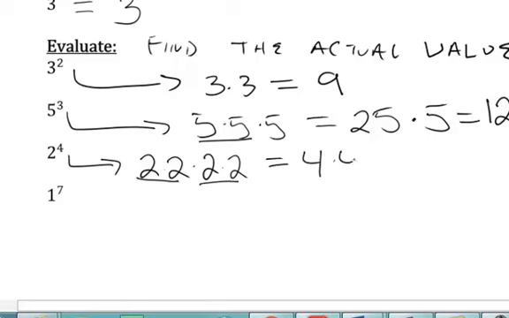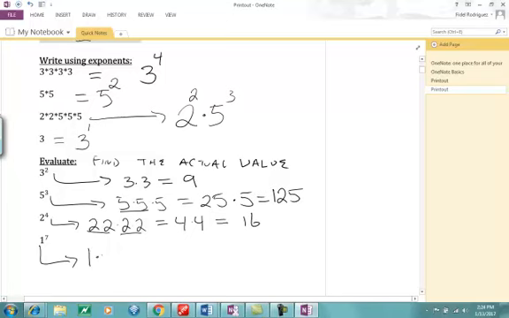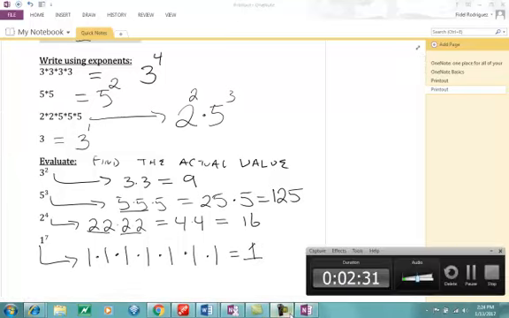This 2 times that 2 is also 4, and 4 times 4 gives me 16. Finally, 1 to the 7th means I'm multiplying 1 seven times. Well, 1 times 1 is still 1, times 1 is still 1, times 1 is still 1. And so my answer here would just be 1.